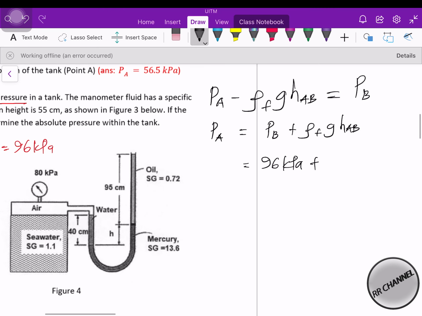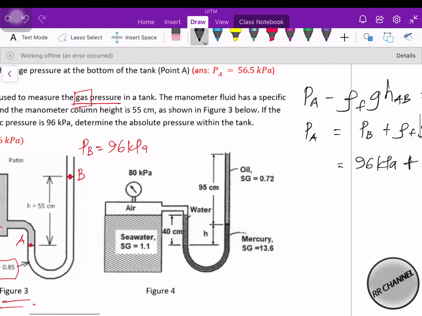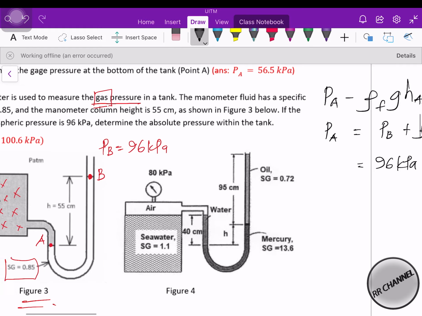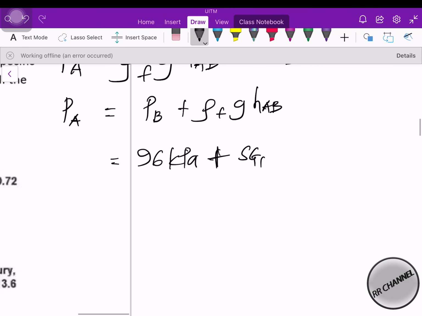Then you plus the density of that fluid, represented by specific gravity of 0.85, SGF.